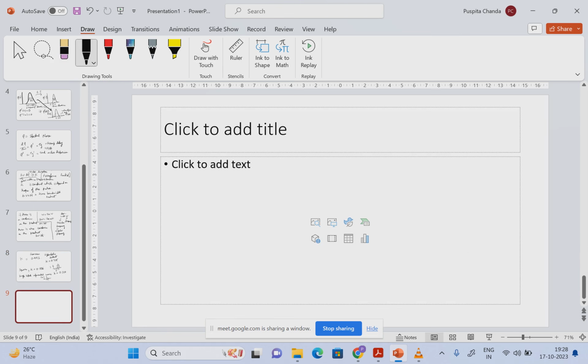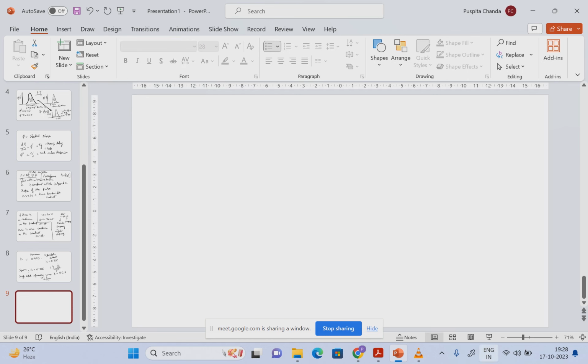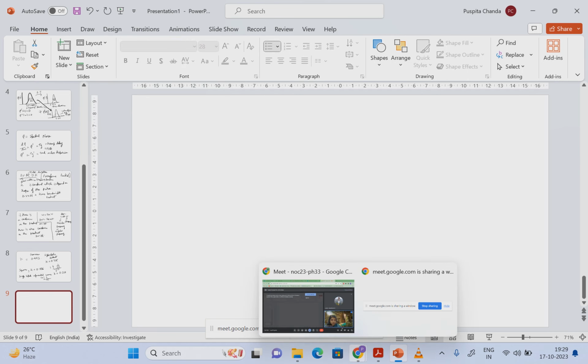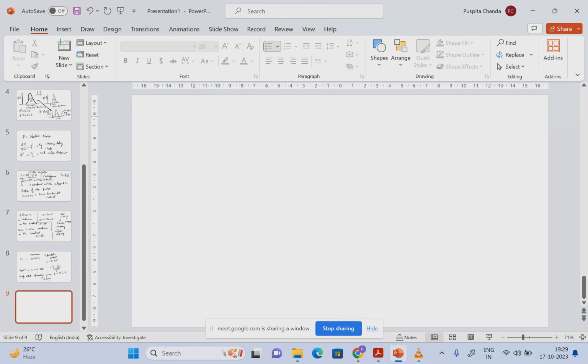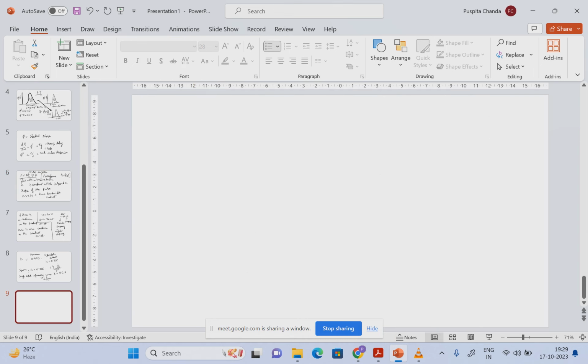And the symmetric two-sided exponential wave is almost like this.